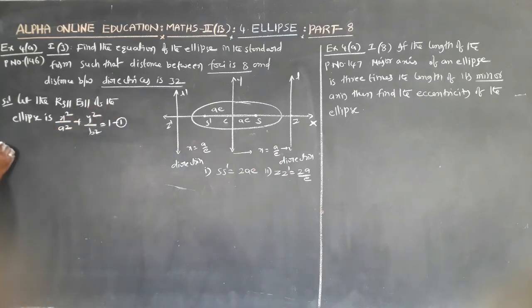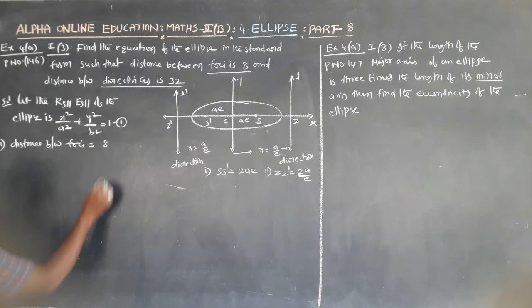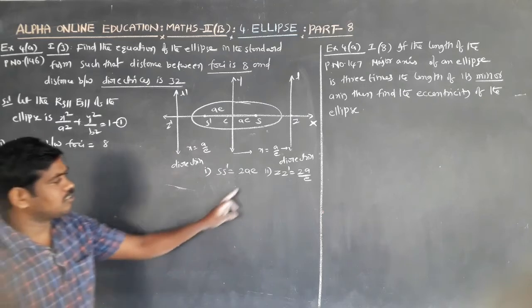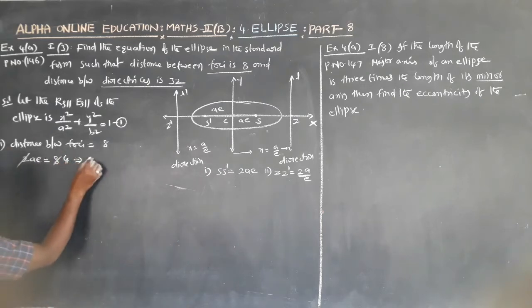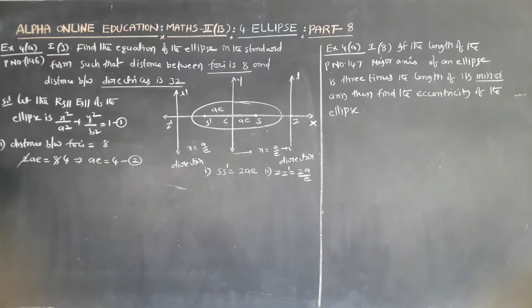Here the given conditions: first one, distance between the foci is equal to 8. Distance between the foci means 2AE is equal to 8. 2 ones are 2, 2 fours are 8, so AE is equal to 4.